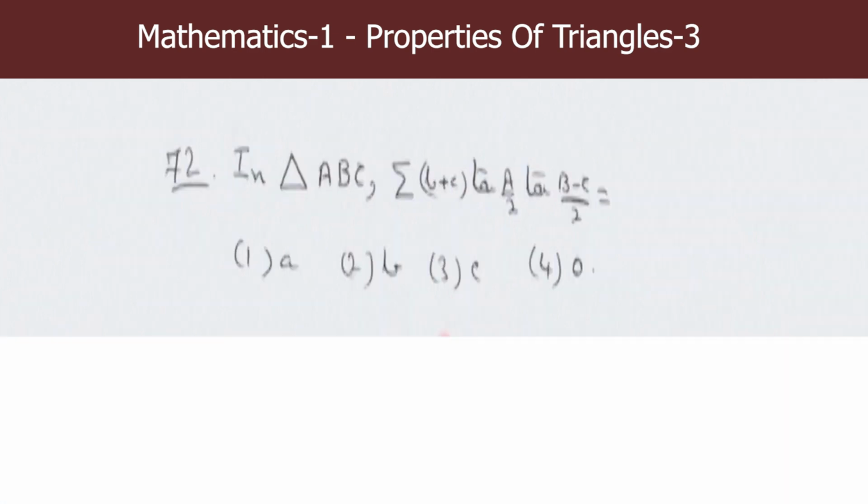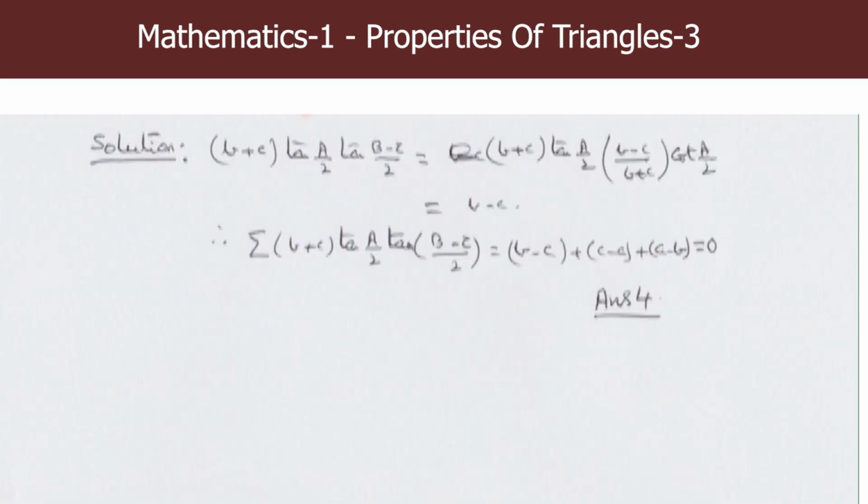In triangle ABC, sigma (b plus c) tan A/2 tan (B minus C)/2 is equal to: 1 a, 2 b, 3 c, 4 zero. Here you use the Napier rule, or tangent formula.